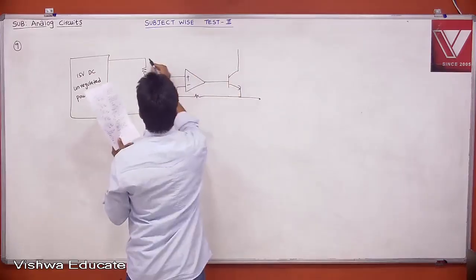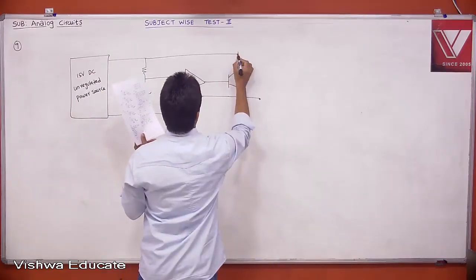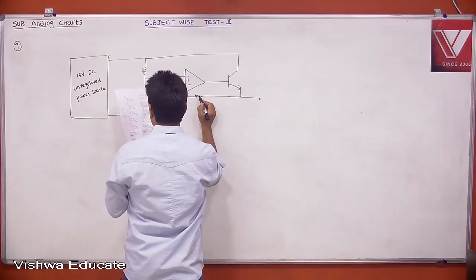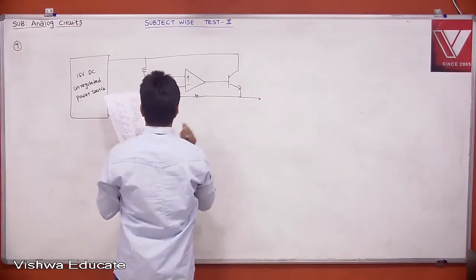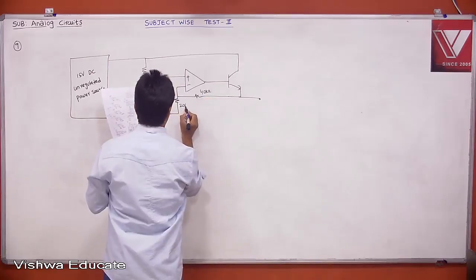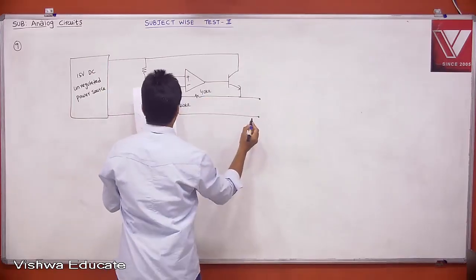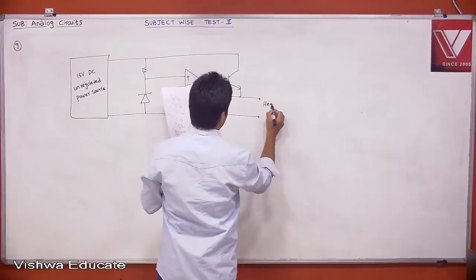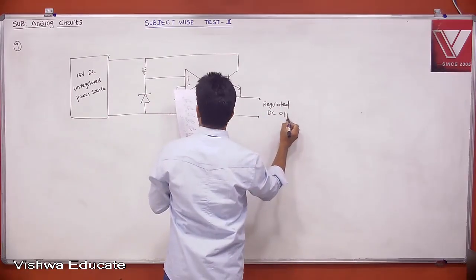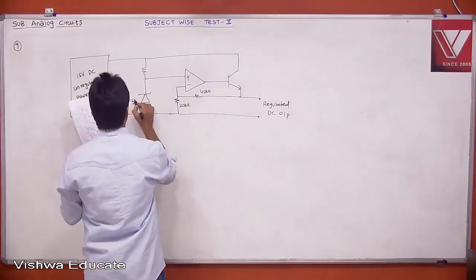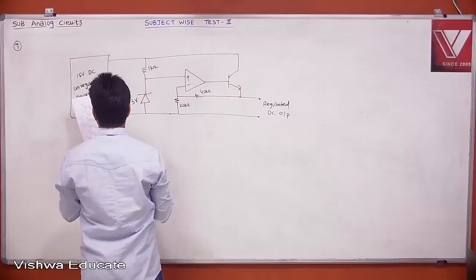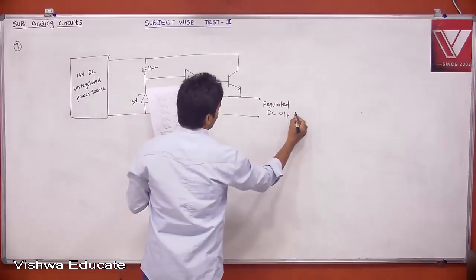This is your 40 kilo ohm and this is 20 kilo ohm. This is your regulated DC output. VZ, the Zener voltage, is 3 volt, this is the reference voltage, and this is your 1 kilo ohm. Now it is asking for V0.